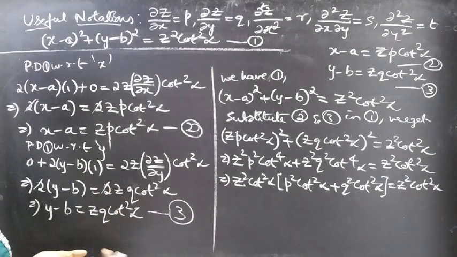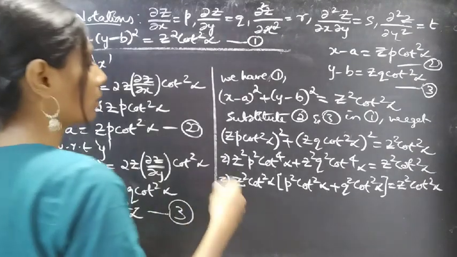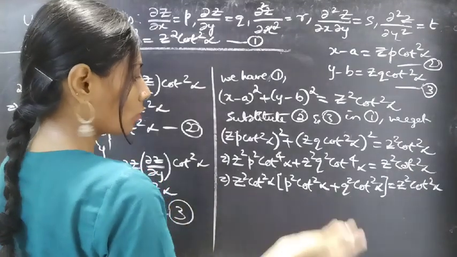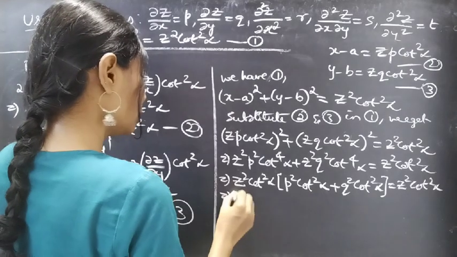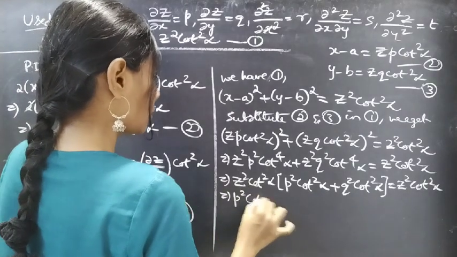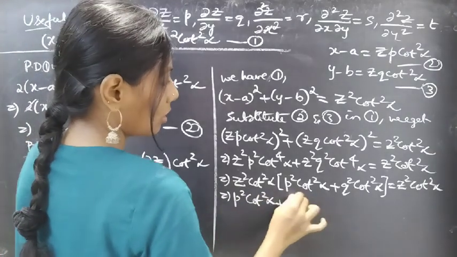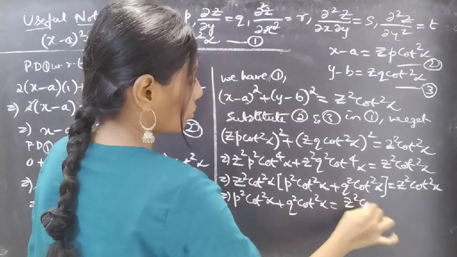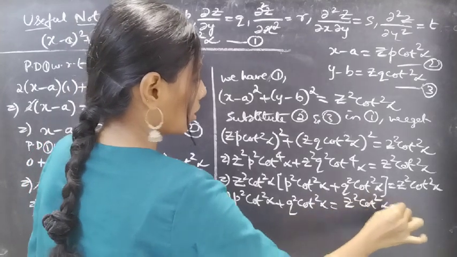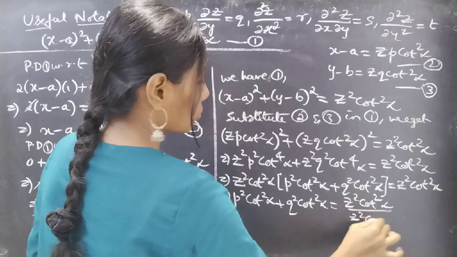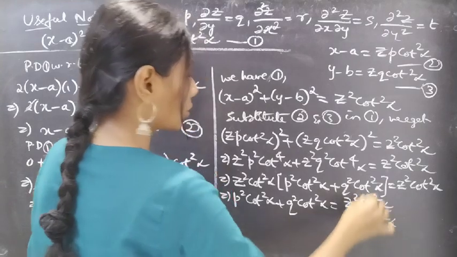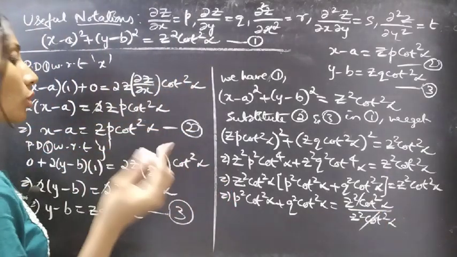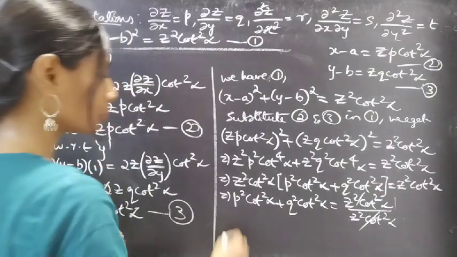Here itself you can cancel z square cot square alpha, or you can take z square cot square alpha to RHS, and you'll get p square cot square alpha plus q square cot square alpha equal to z square cot square alpha by z square cot square alpha. By cancelling these two, you'll get 1 here.